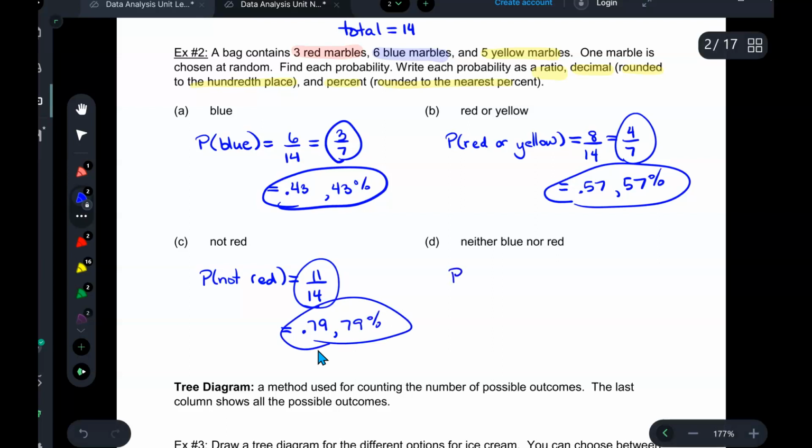Okay, probability of neither, so not blue or red. That means it would have to be yellow, which would be 5 out of 14. That's already in reduced form. We get 0.36 for a decimal, which would be 36%.